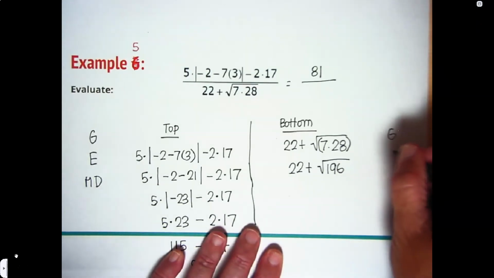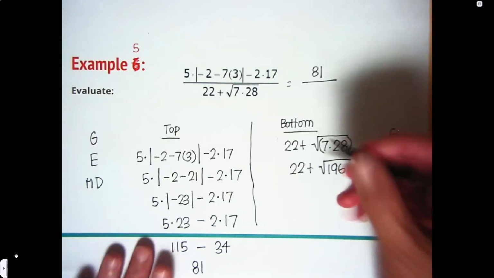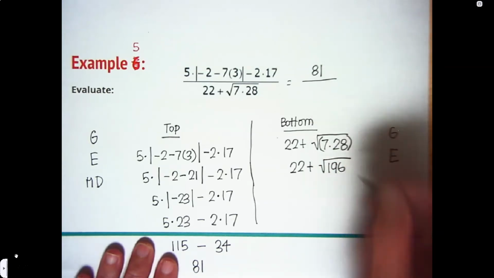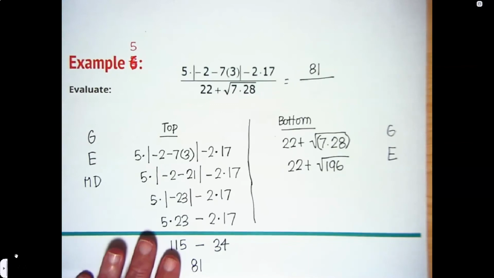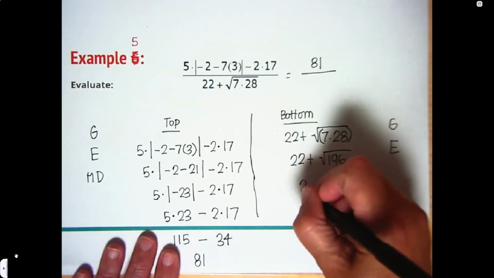Now here's what I was saying earlier about a square root. A square root acts in a problem sometimes as a grouping symbol, sometimes as an exponent. And in this case, it's acting as both. It was a grouping symbol because it had 7 times 28, and now it's acting as an exponent because the next thing I would need to know is what is the square root of 196.